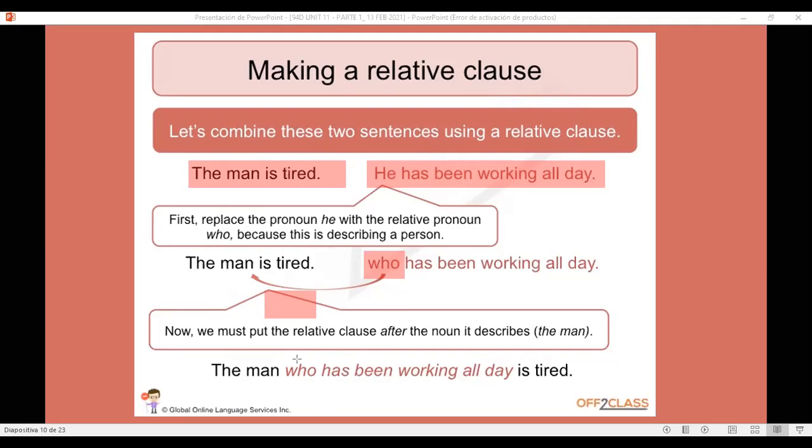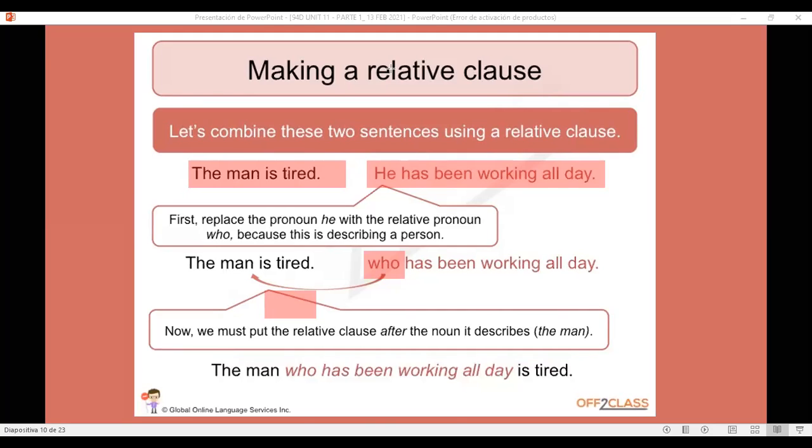El hombre que ha estado trabajando todo el día. The man who has been working all day is tired. Está cansado. This is how you make one sentence from two. Si, de esta forma nosotros hacemos una sola oración uniendo estas dos cláusulas o dos oraciones. And we have been using this relative pronoun to help us in the process.